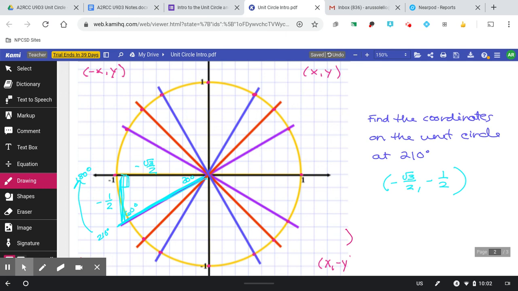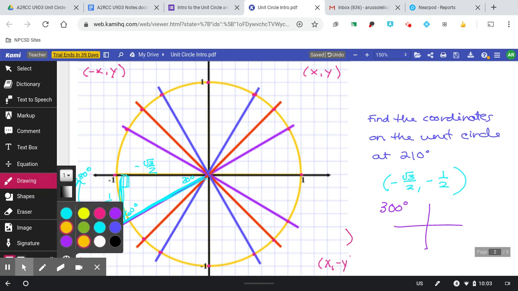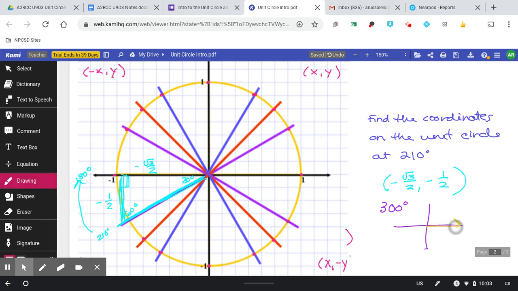All right, I'm going to do one more. So if I were to ask you to find the coordinates at 330 degrees. Let's do 300 degrees. Okay, so at 300 degrees, if I didn't have that nice unit circle there, I would just be on my scrap paper drawing an XY axis, and then I would say, okay, well, I know that 300 degrees is in the fourth quadrant.